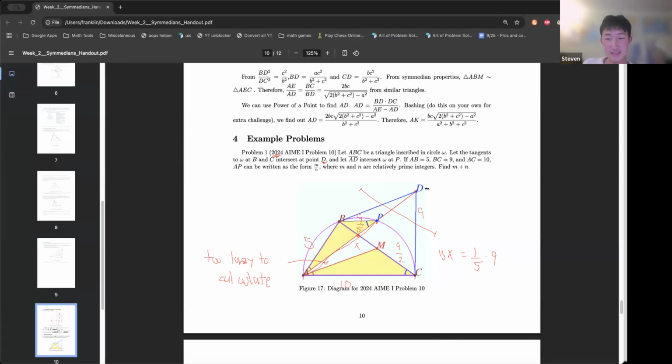So let's try to get the computation correct. If you get the answer, type a direct message to me or Franklin to tell us what you get. Please work on this. You can use the length bash to help you if you need.